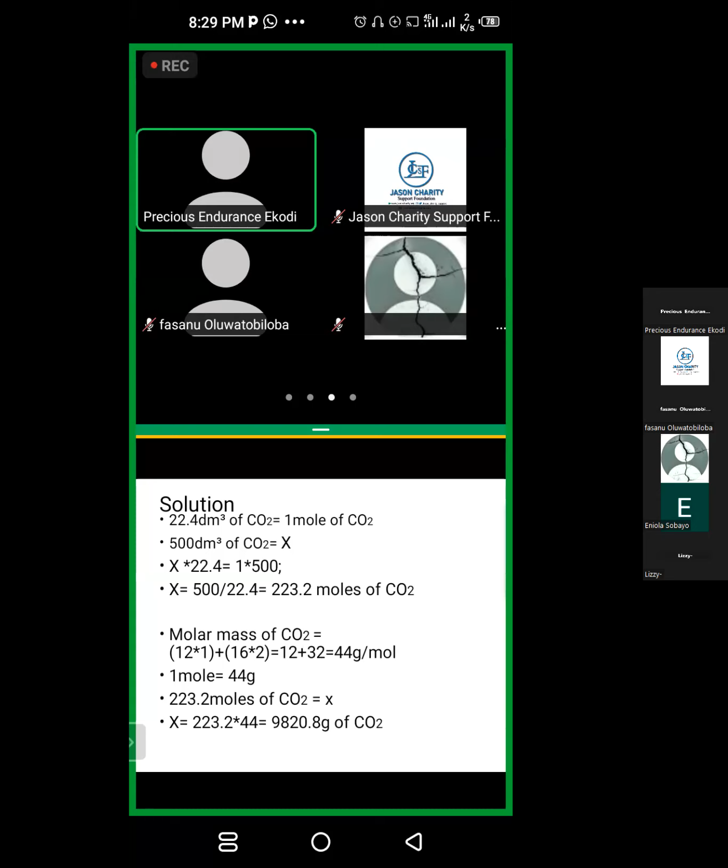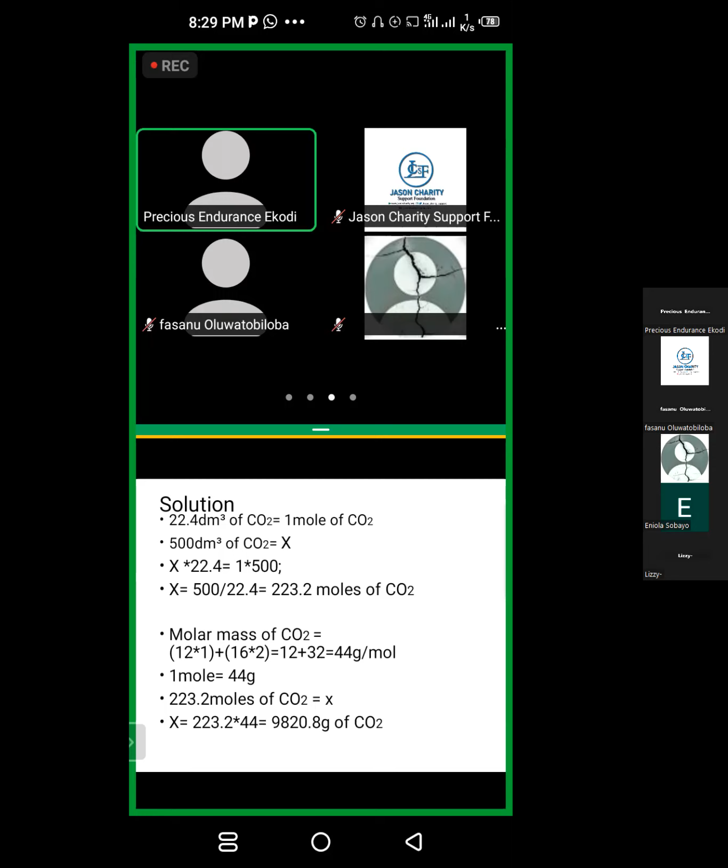So this means that 223.2 moles of CO2 will contain 500 dm cube.